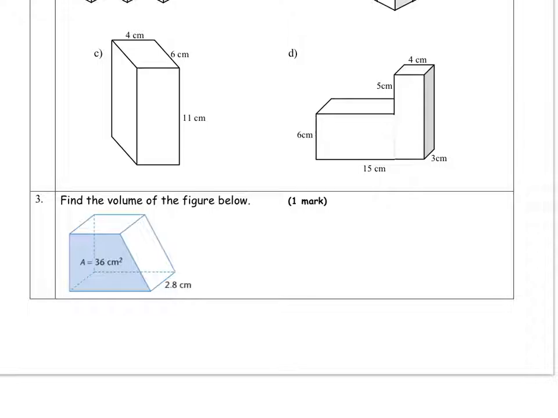Rectangular prism. Okay, we've got 4 by 6, the area there, times by 11, which is 264 centimetres cubed. Now, this one here, you can either do it by a whole rectangular prism and take away the centre, or cut it.